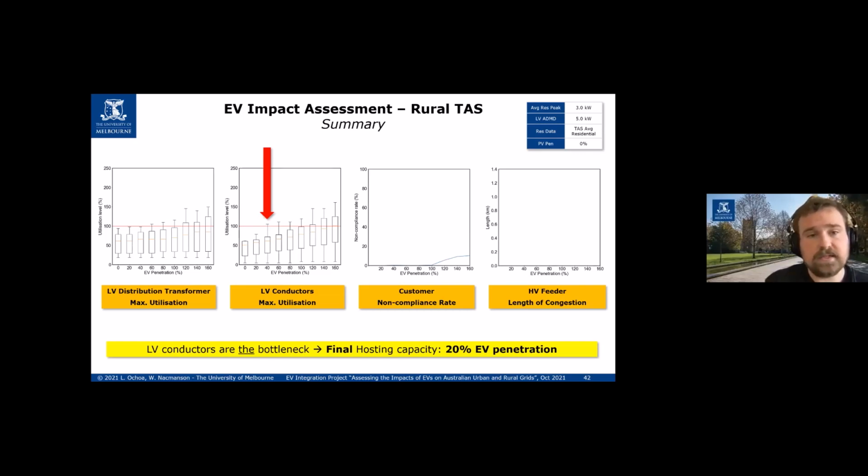However, the HV feeder doesn't overload at all. And finally, the LV distribution transformers, once we get beyond 100%, over 1 in 4 of the LV transformers start to overload. So these are all quite significant numbers of assets that are becoming problematic.